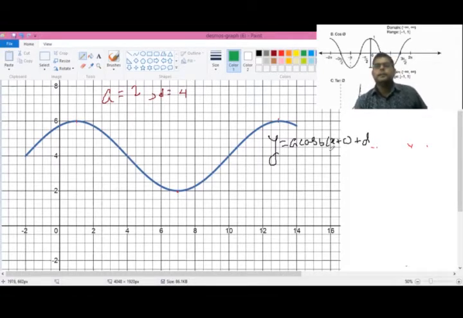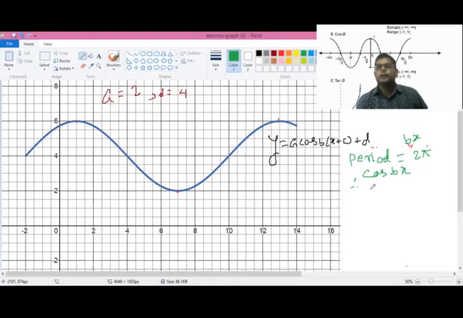Now let's think of the period. What is the period of this graph? Period means b times x is going to be bx. You know that the period of cos or sine is 2 pi, but here we are talking of cos bx.